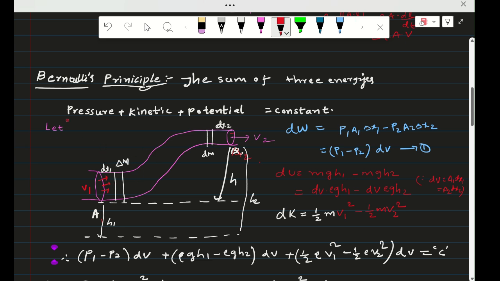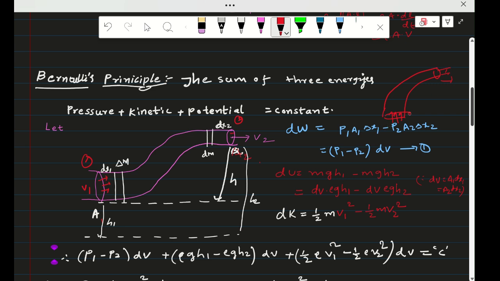According to Bernoulli's principle, pressure energy, kinetic energy and potential energy sum is constant at any point. Take the first point, point 1, and this is point 2. The fluid is entering through this cross section of the pipe. However you take it, not a problem; like this also you can take, or reversely, the water is entering like this and leaving like this.